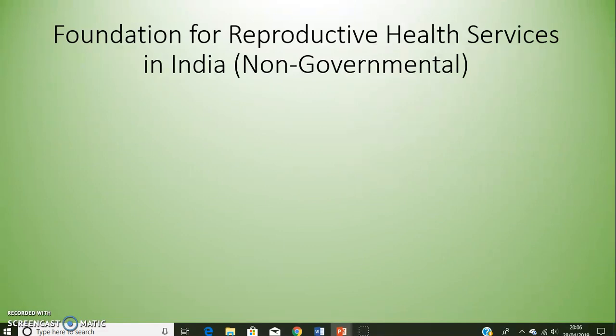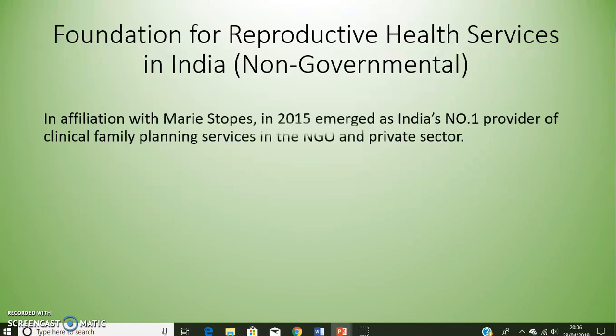The Foundation for Reproductive Health Services in India are a non-governmental programme working in affiliation with Marie Stopes. In 2015, they emerged as India's number one provider of clinical family planning services in the NGO and private sector.